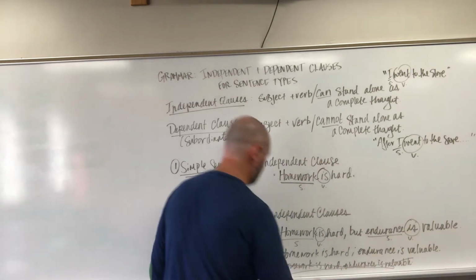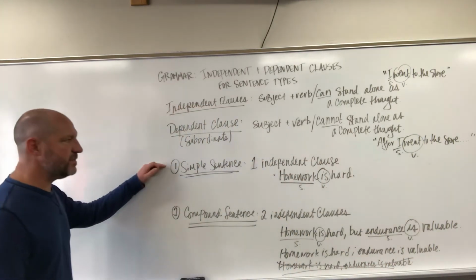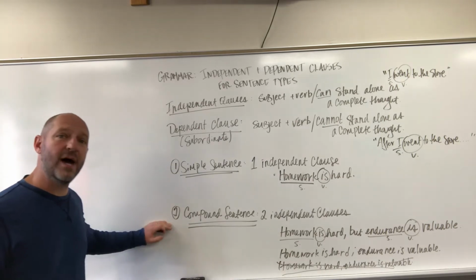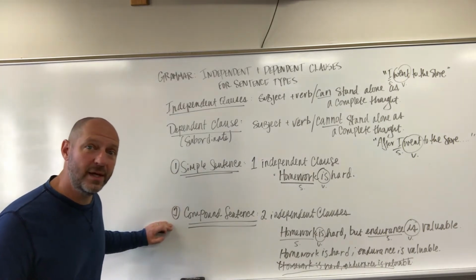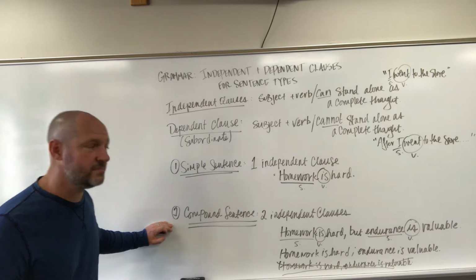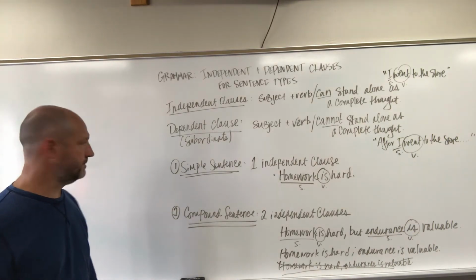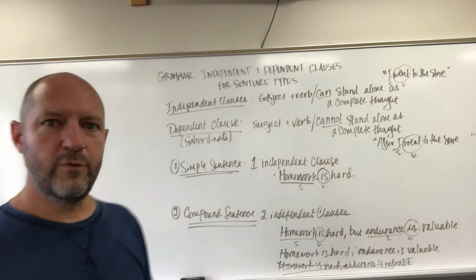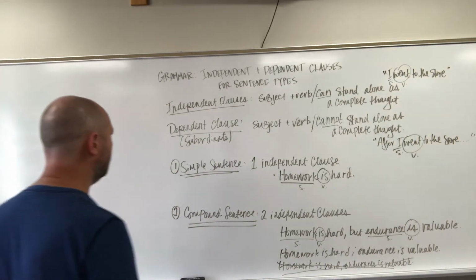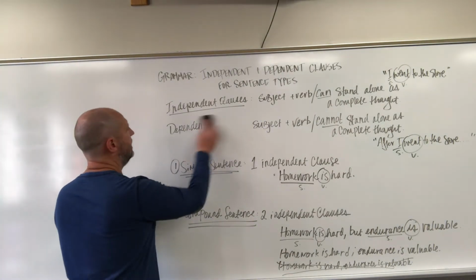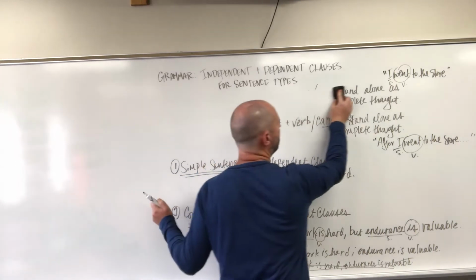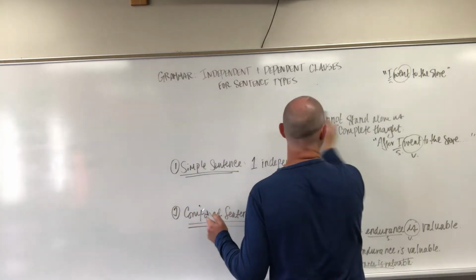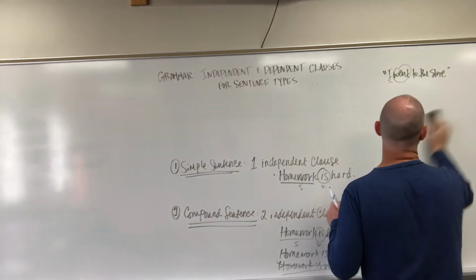All right. So we've got a simple sentence, which is one independent clause, and we've got a compound sentence, which is two independent clauses. We should know these definitions well enough as it is.